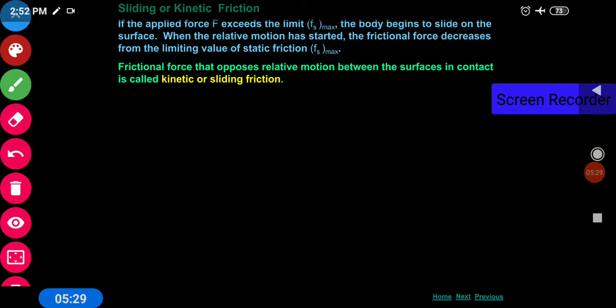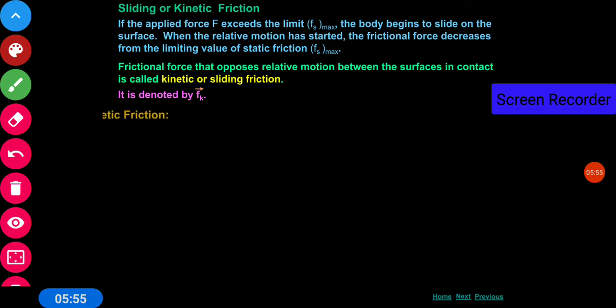Frictional force that opposes relative motion between the surfaces in contact is called kinetic or sliding friction. So whenever there is a relative motion between the two surfaces in contact, then the friction in place of the static friction is called the sliding friction or the kinetic friction. It is denoted by Fk, subscript k.